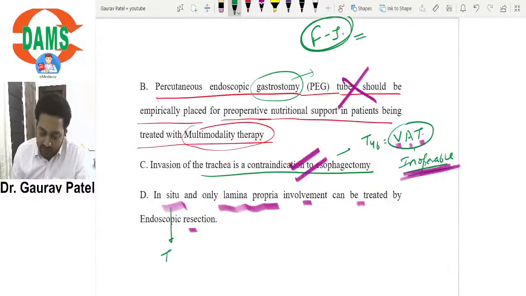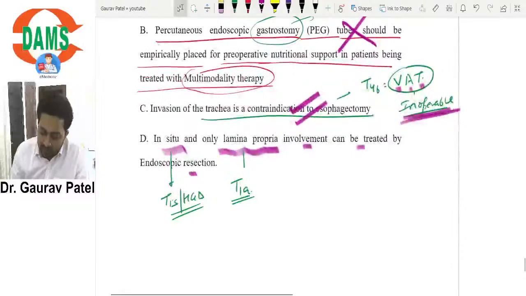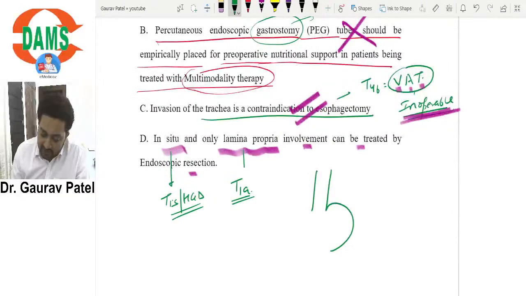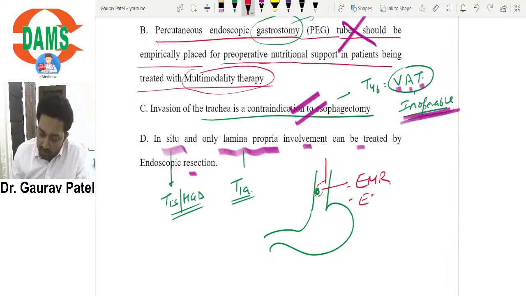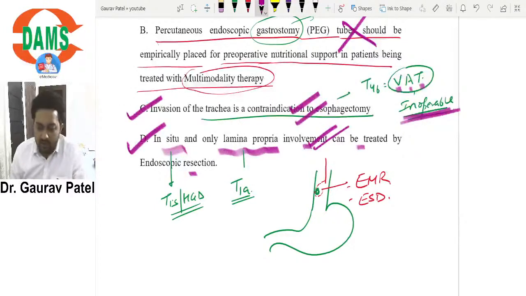Yes, Tis, also known as high-grade dysplasia, and T1a, only mucosal involvement, these tumors we can treat by endoscopic resection, either endoscopic mucosal resection or endoscopic submucosal dissection. So this is also correct. C and D statements are correct.